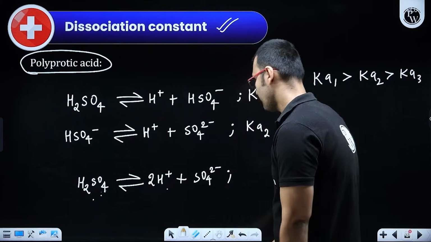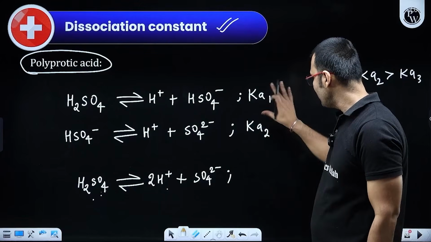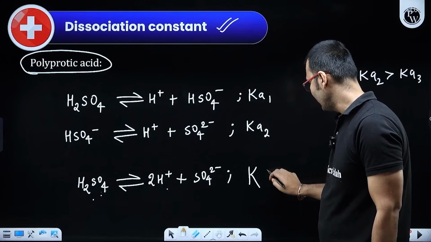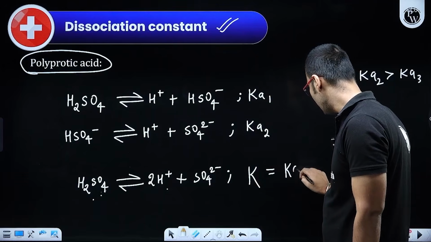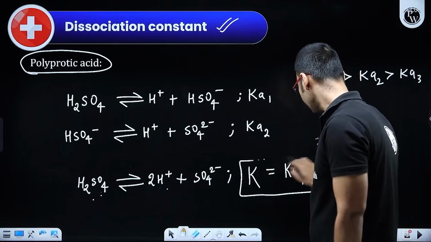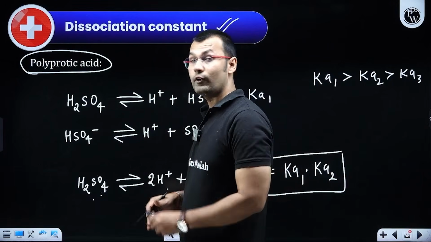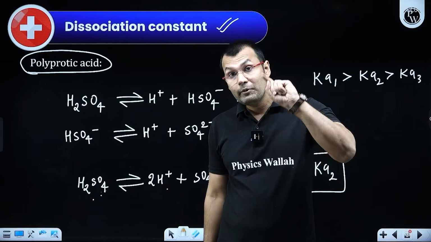So now for this overall dissociation, the dissociation constant will be different from these two. Let's say it is K. So this K will be equal to the multiplication of these two, K1 into K2. If you remember, the relation between dissociation constants or equilibrium constants, you learn in your chemical equilibrium chapter.